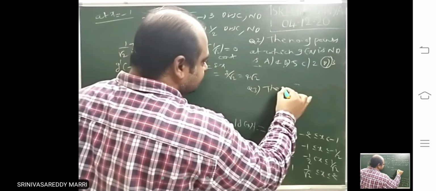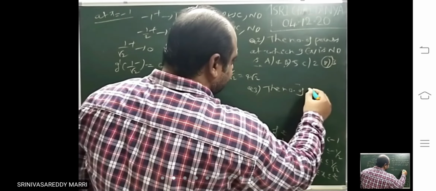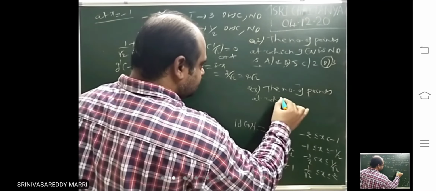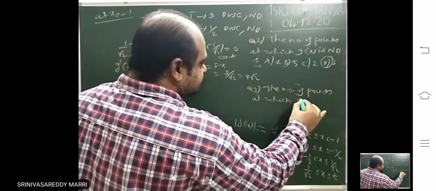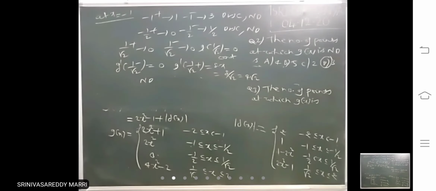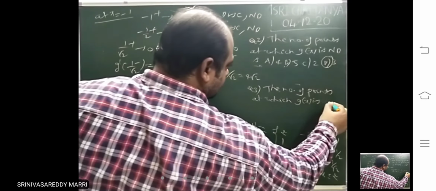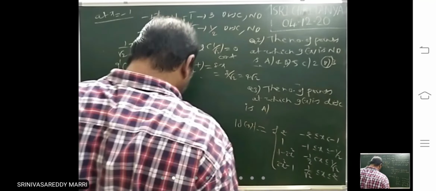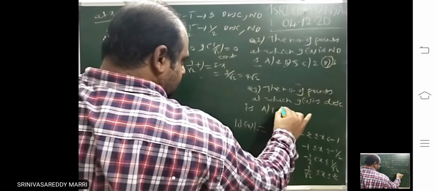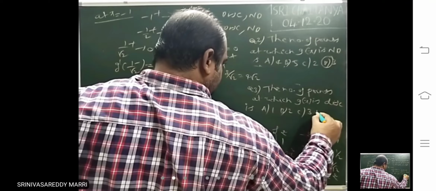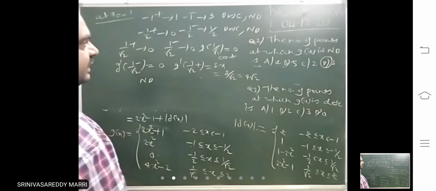He's asking the number of points at which g of x is discontinuous. How many points?